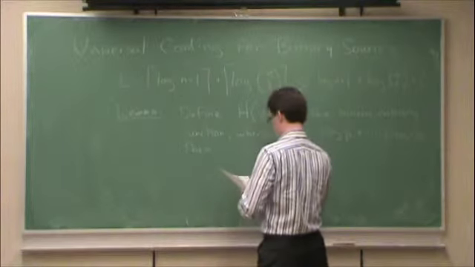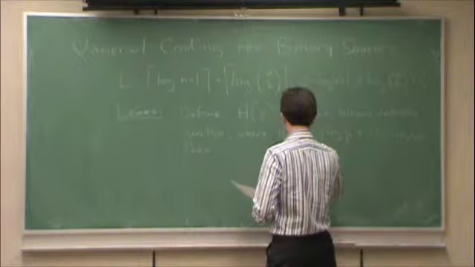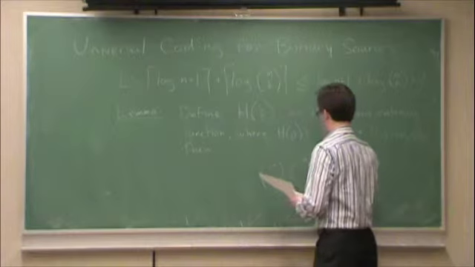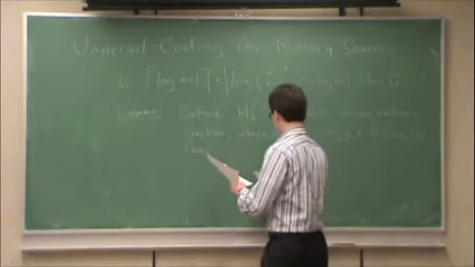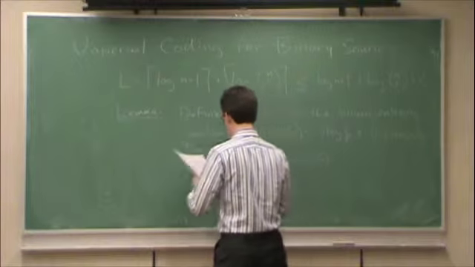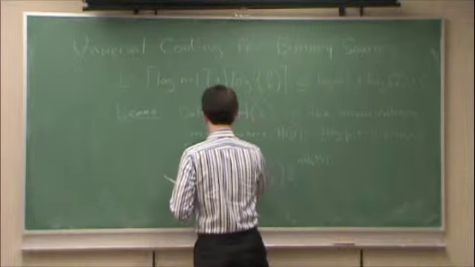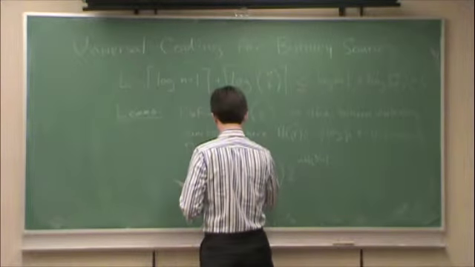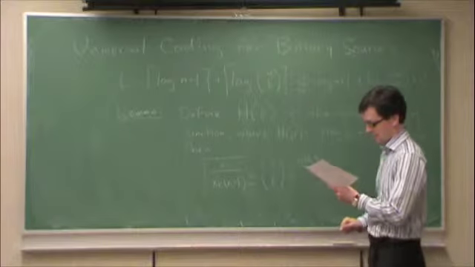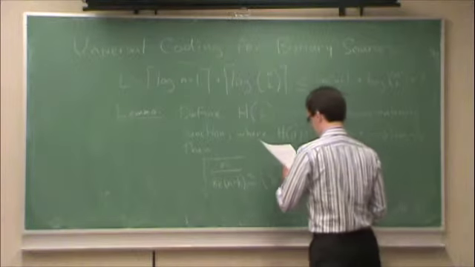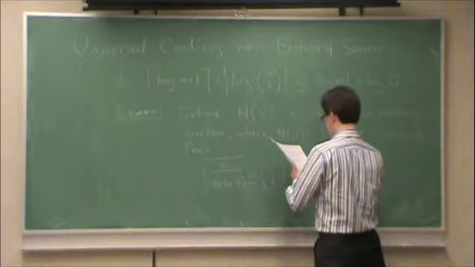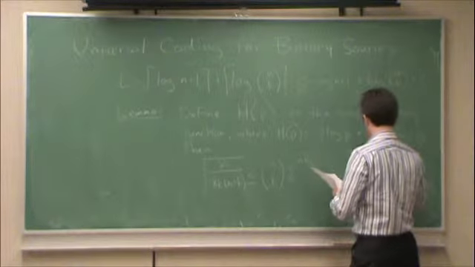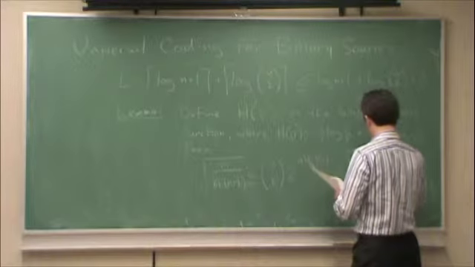n choose k times 2 to the minus n h of k over n is greater than or equal to root n over 8k(n minus k), and is less than or equal to root n over pi k(n minus k).